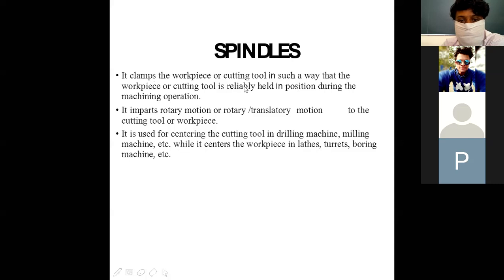Reliability is very important, because if it does not hold reliably, errors will be generated, and due to that our product gets disqualified or rejected. All this happens during the machining operation.